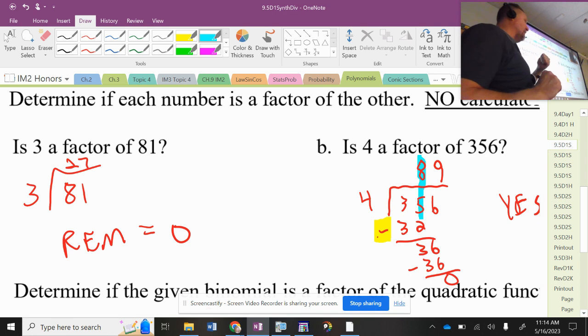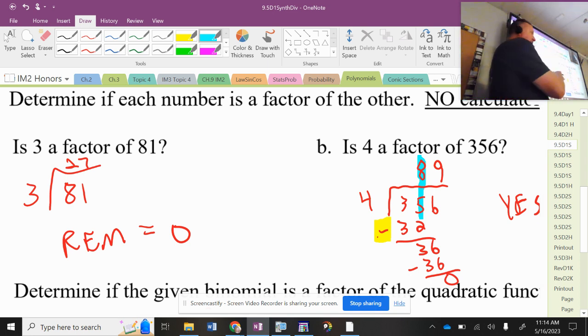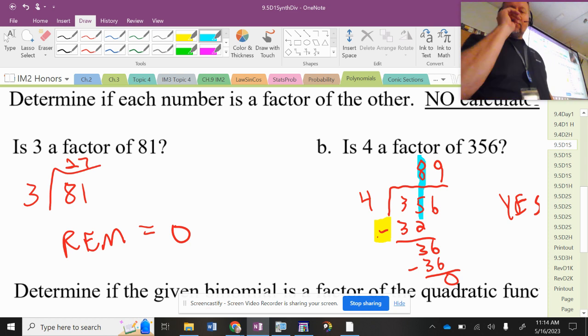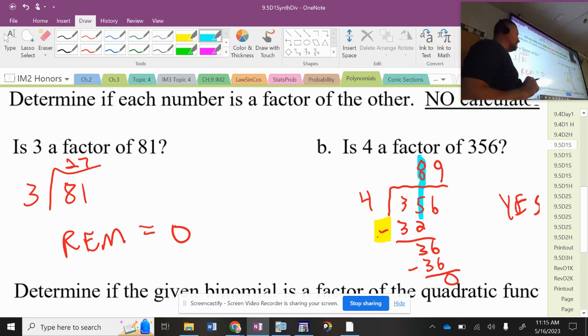That 8's got to be above the 5 position, above the 10s. That means your final answer is at least 80 something. Right? When we go into polynomial division, you want to do the same thing. And I'll tell you what that means when we do polynomial division. All right, subtract and then bring down the 6, and then 4 goes into 36 9 times. Yes, 4 is a factor because you have a remainder of 0.